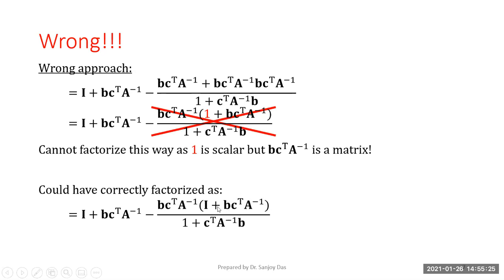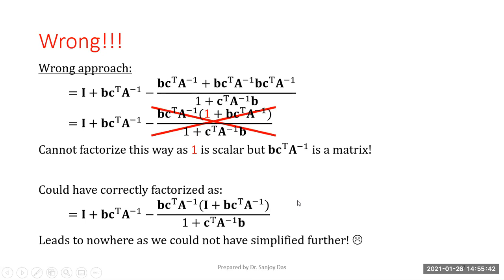If we were to factorize BC transpose A inverse and take it outside, then this would be I plus BC transpose A inverse. That's a correct operation. But we cannot simplify it further, right? So even if this is valid, we won't get I so easily if we do it this way.